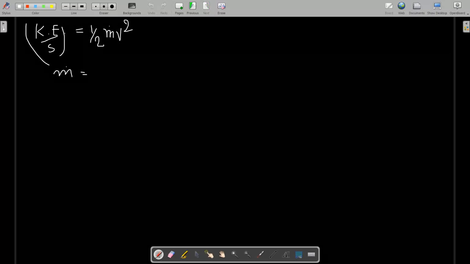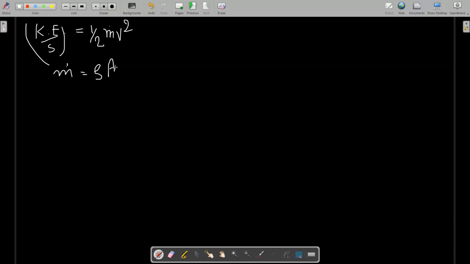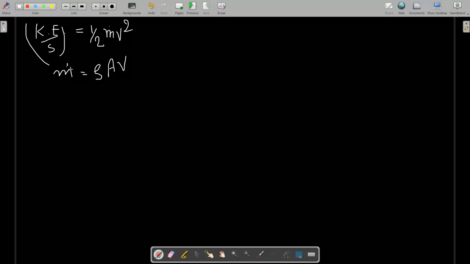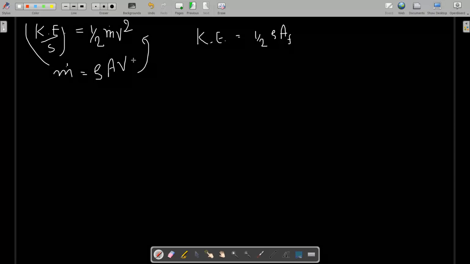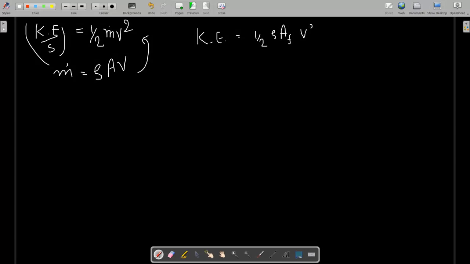So this mass will become mass flow rate. Mass flow rate is given by rho A v. So just put the value: kinetic energy will be 1 by 2 rho into free flow area into v square, and this becomes v cube.